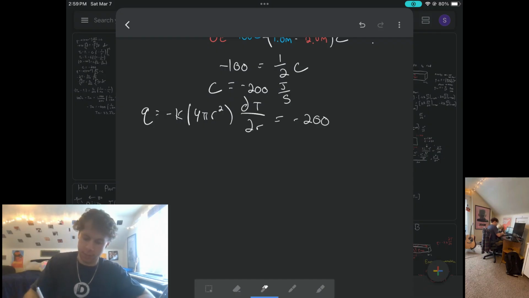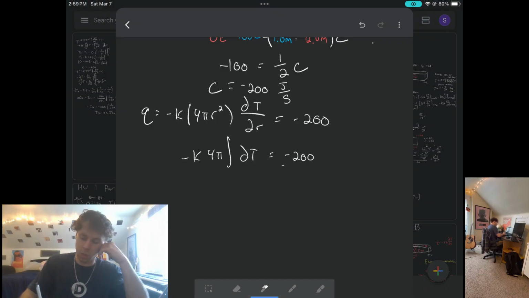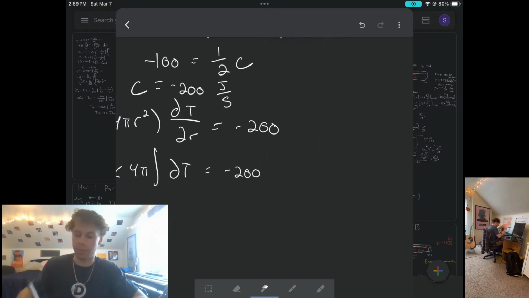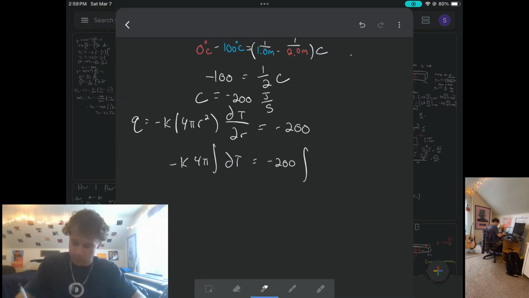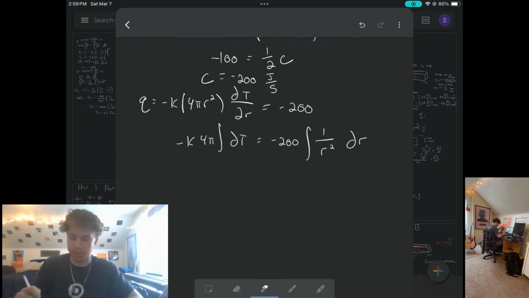We'll get our negative thermal conductivity times 4 pi times our change in temperature, which we will integrate again, is equal to negative 200 over r squared times our change in radius. For right now, we'll keep our negative 200 outside of the integral.